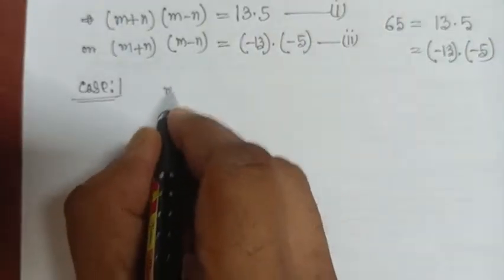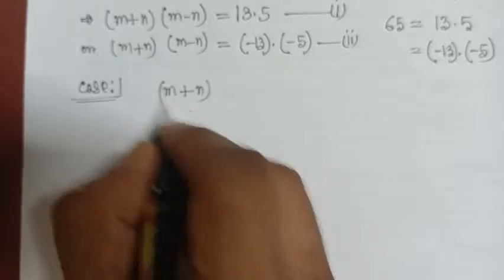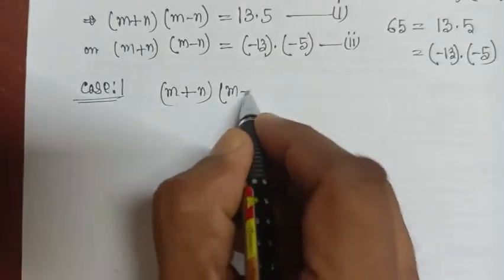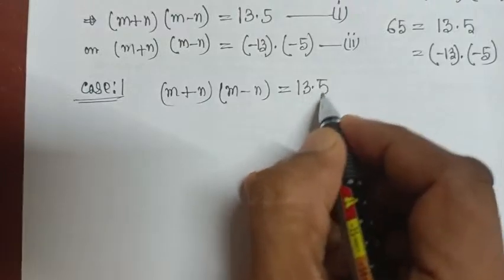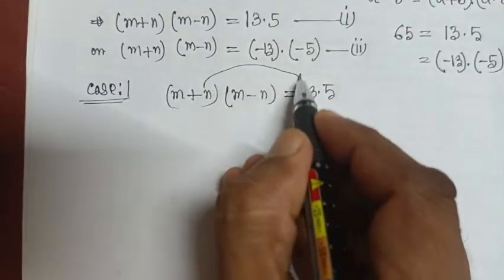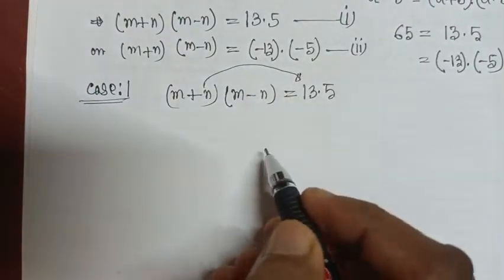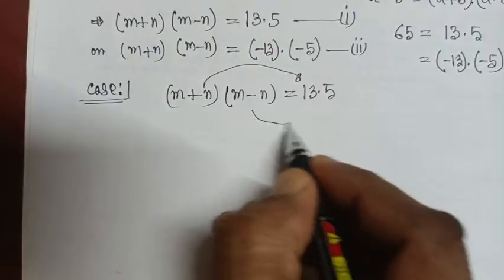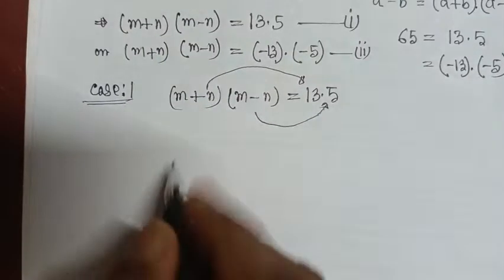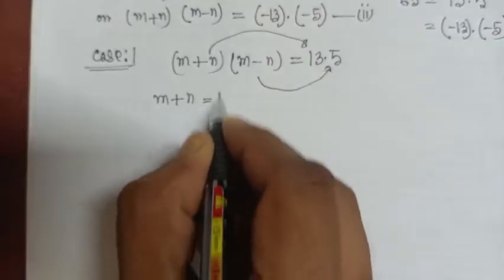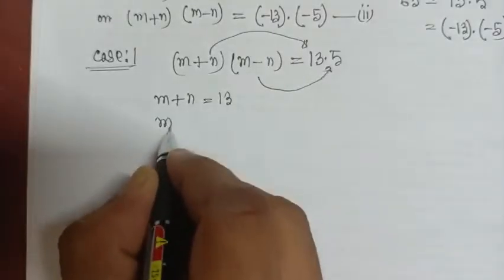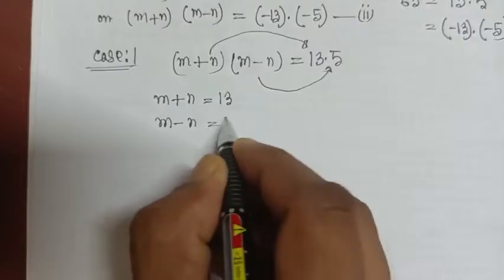So for case 1, where (m plus n) into (m minus n) is equal to 13 into 5, comparing this, m plus n equals 13 and m minus n equals 5.